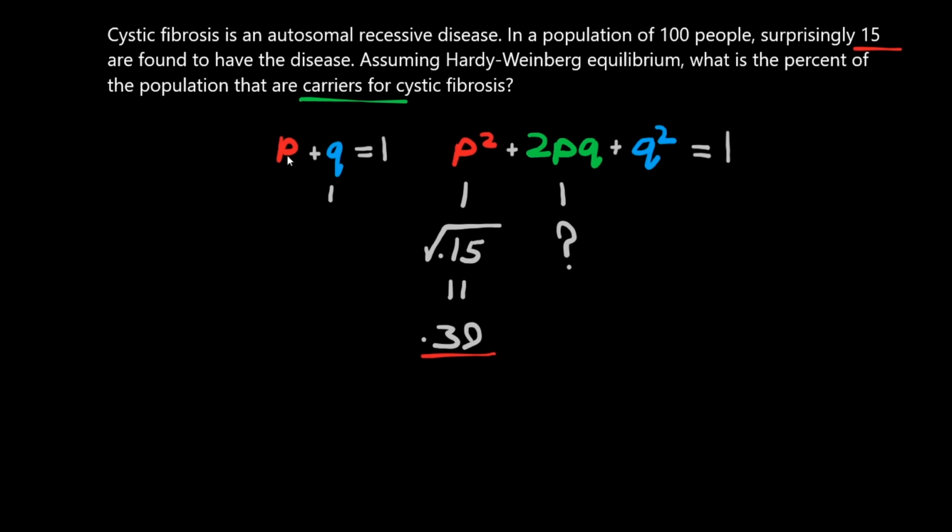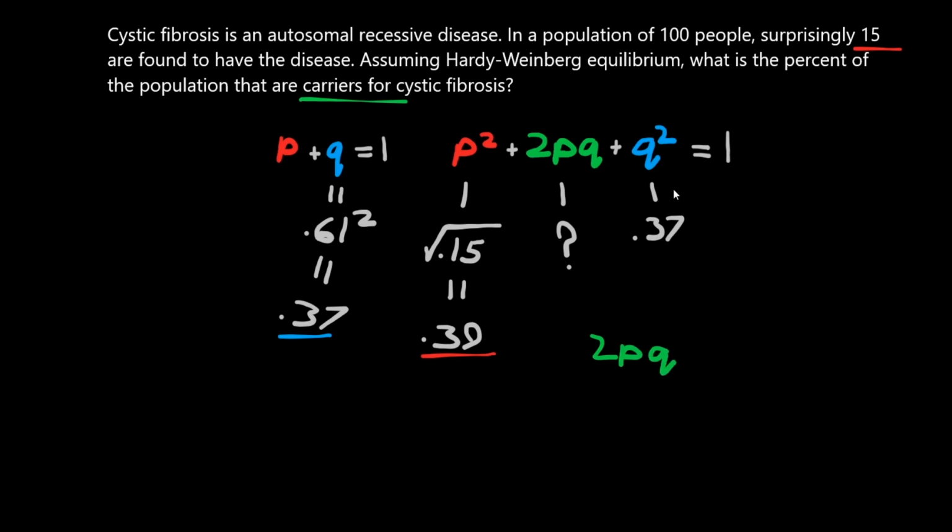Now that we know p, we can find q by simply 1 minus p, which is 0.61. And to find q squared, we'll square that number, 0.37. Bring it over here.